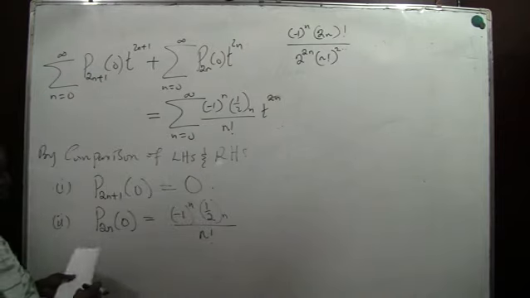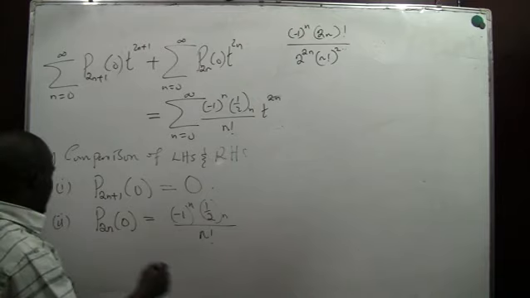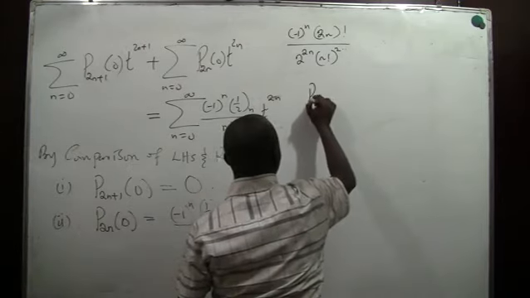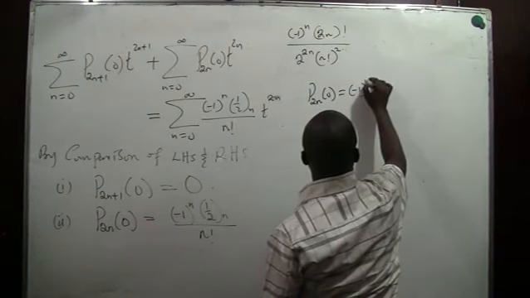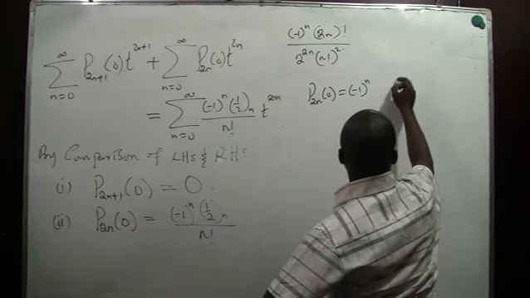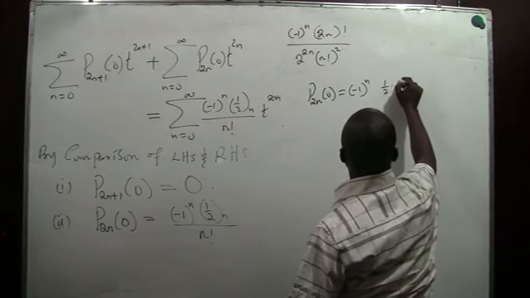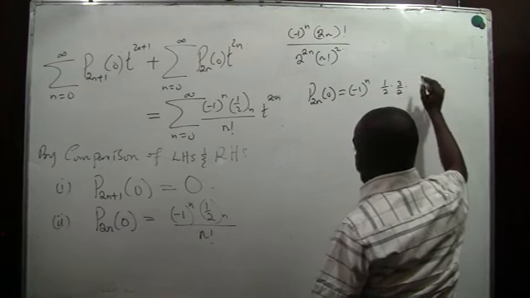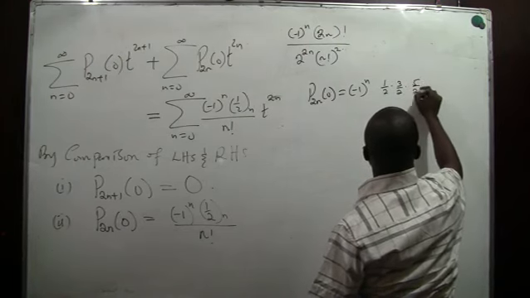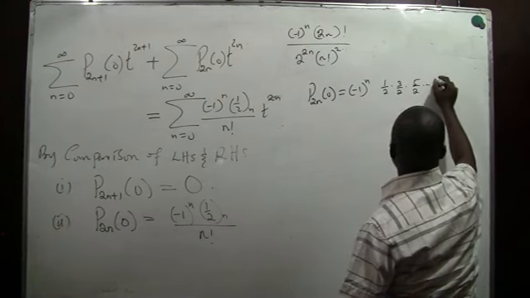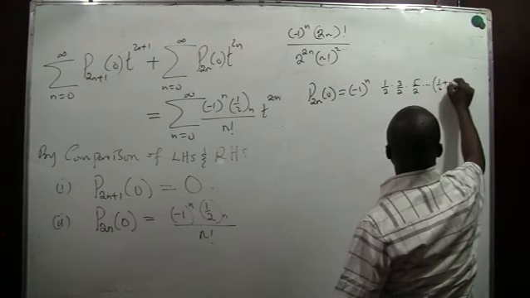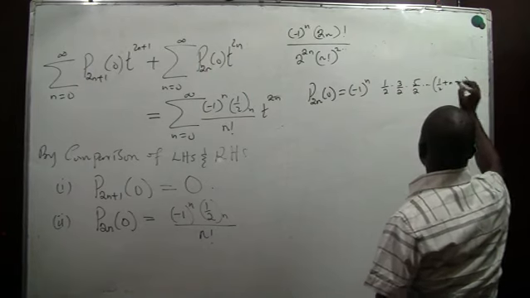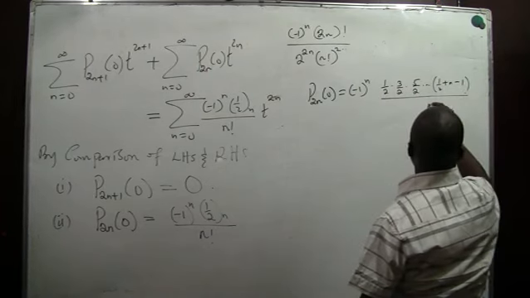So the major concern is (1/2)_n, which is a factorial function. So let's continue from there. P_{2n}(0) is (-1)^n. This one will have given us 1/2, 3/2, 5/2. It continues until I have 1/2 plus n minus 1, all divided by n factorial.